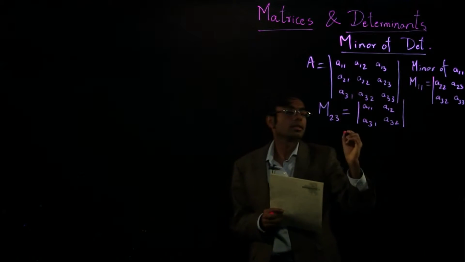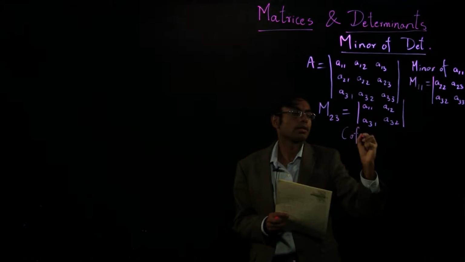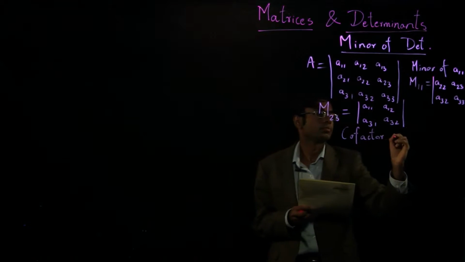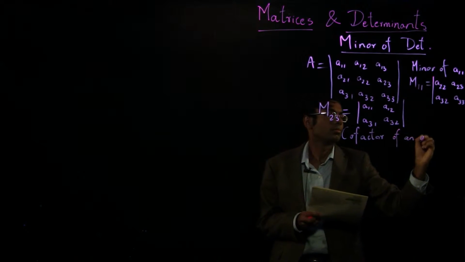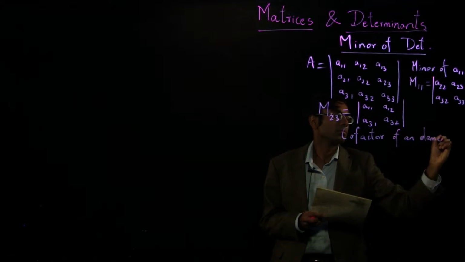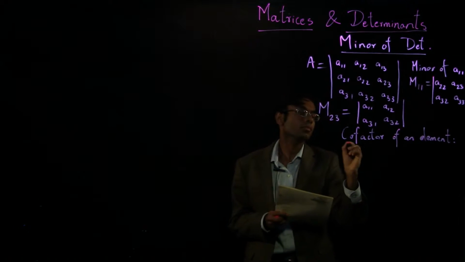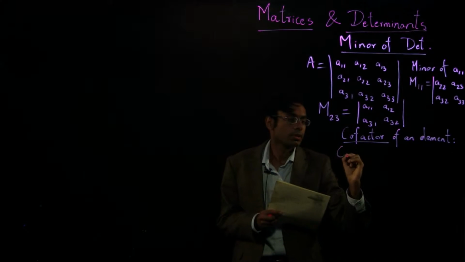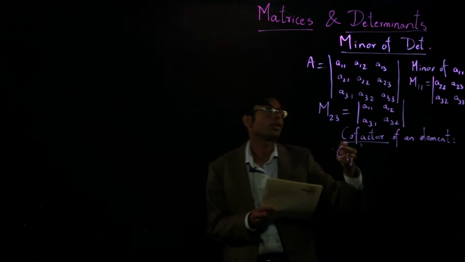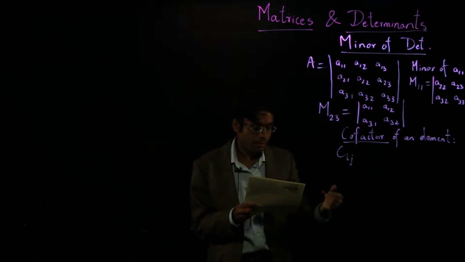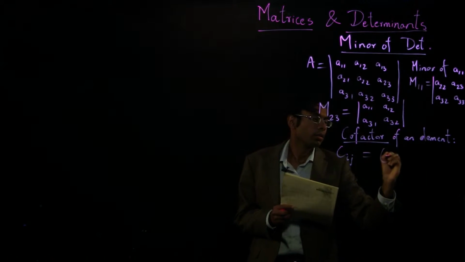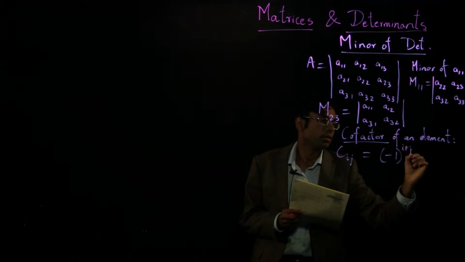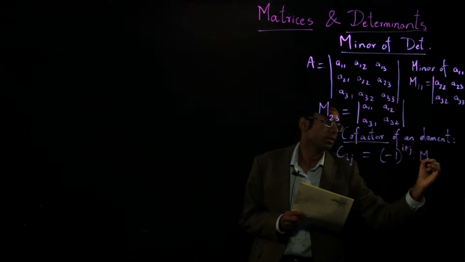The second thing that we need to learn is the cofactor of an element. And the cofactor is written as Cij for an element Aij, and is given by -1 to the power of i plus j times the minor of that element, Mij.